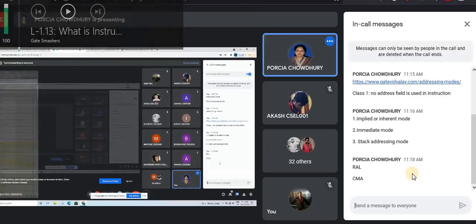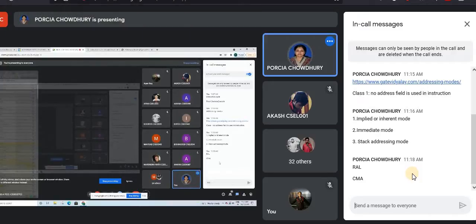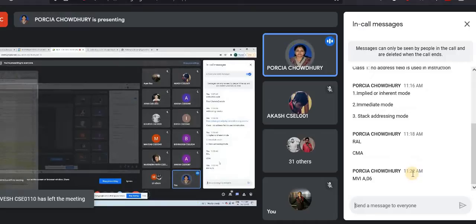The first example is MVI A,06, which loads the equivalent binary value of 06 to the accumulator. Over here also no address field is mentioned, so the accumulator is involved again, but the operand is mentioned. In previous cases, whatever you had in the accumulator, you had to use as the operand.